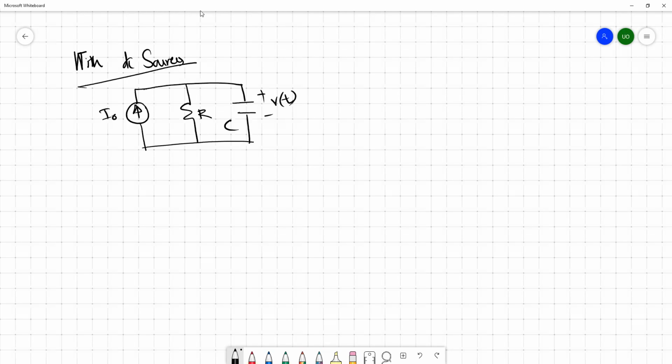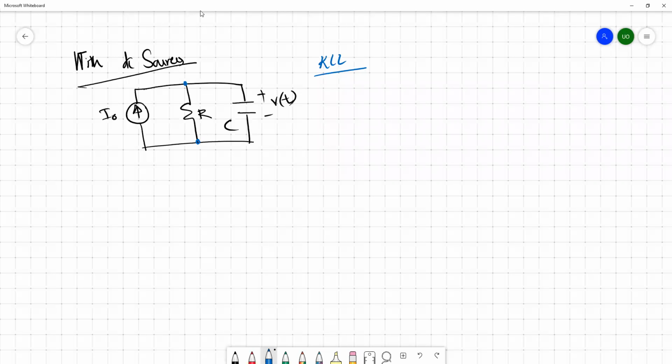If those elements are in parallel, the wise way of solving this is to apply Kirchhoff current law, because all these elements are connected to these two common nodes. So rather than working with voltage law, it's wise to use current law because we can easily identify the nodes, since all the elements are in parallel.